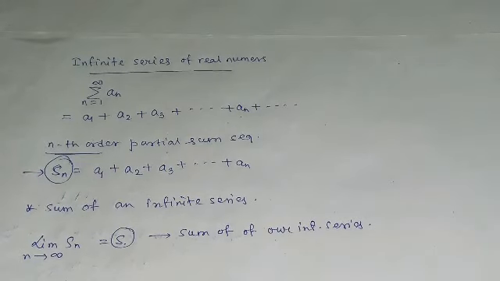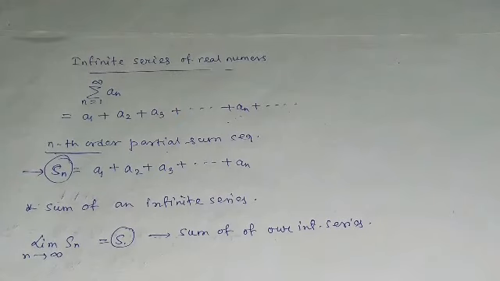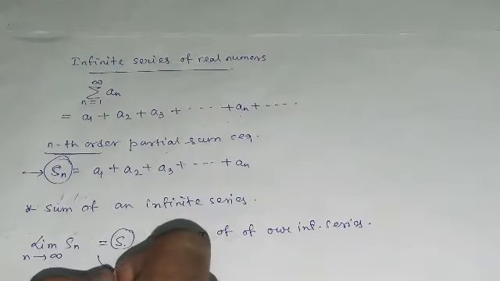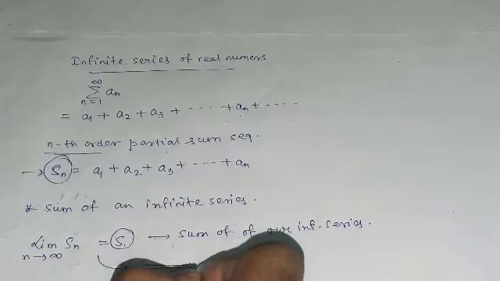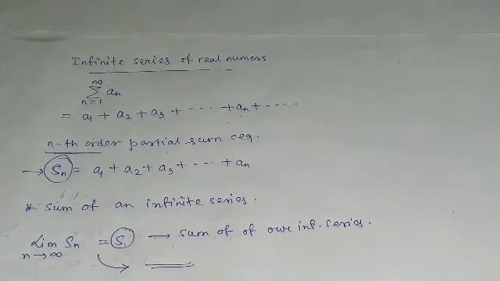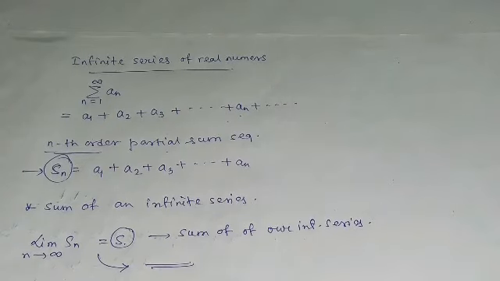Suppose we have the limit of this Sn as a finite quantity, then we can claim that our series is a convergent series. So basically with the help of this Sn we can easily find the sum of a convergent infinite series.